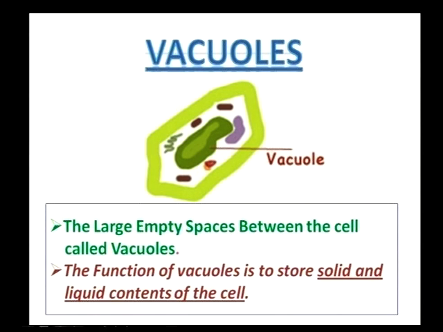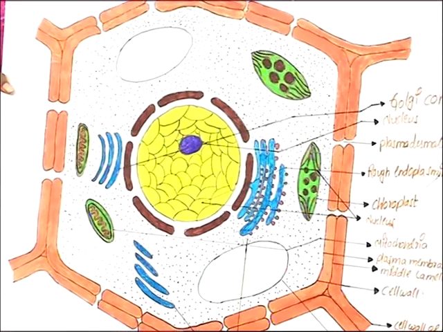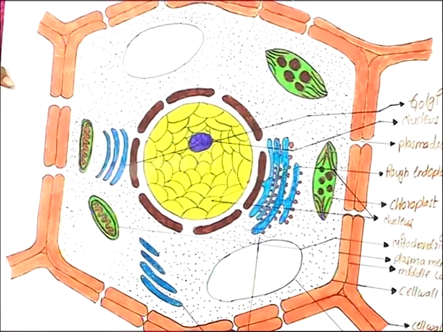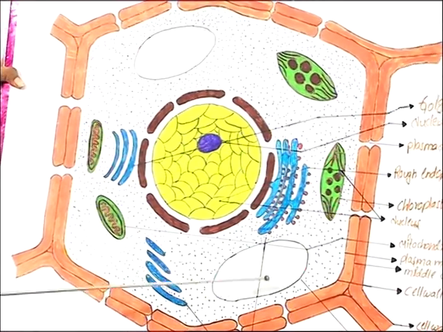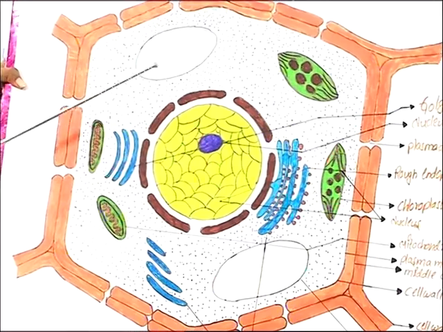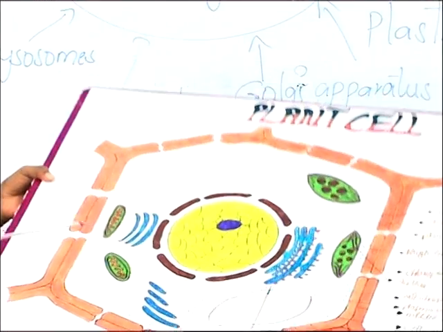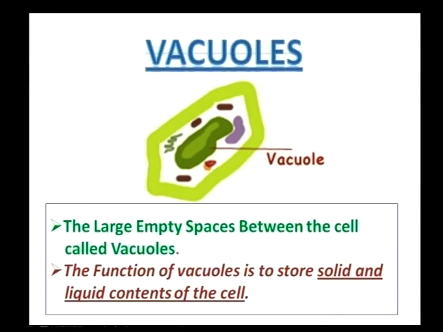In animal cells, vacuoles are small in size, while in plant cells they are large. This is a plant cell. In these plant cells, vacuoles are large in size, but in animal cells, they are small.